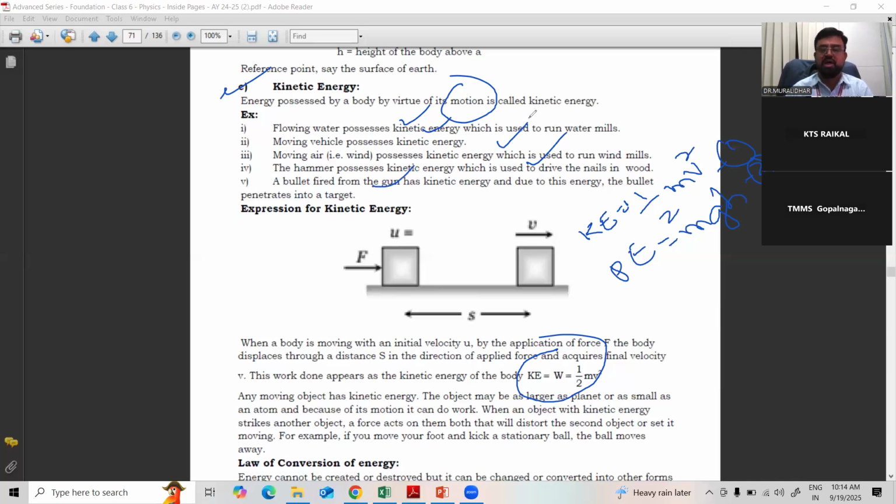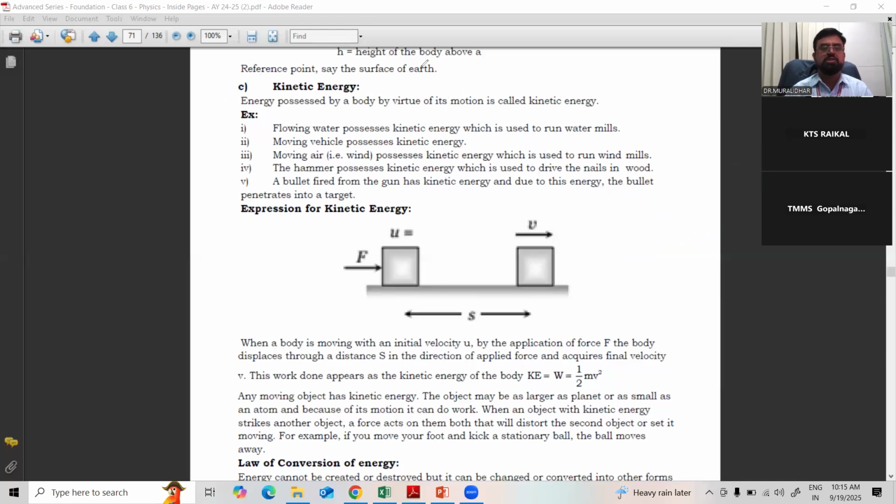A bullet fired from a gun also has kinetic energy. From that they get the derivation of 1 by 2 mv square as the mathematical formula of kinetic energy. Mechanical energy, potential energy, kinetic energy, and of course gravitational potential energy, which is potential energy due to gravitational pull.